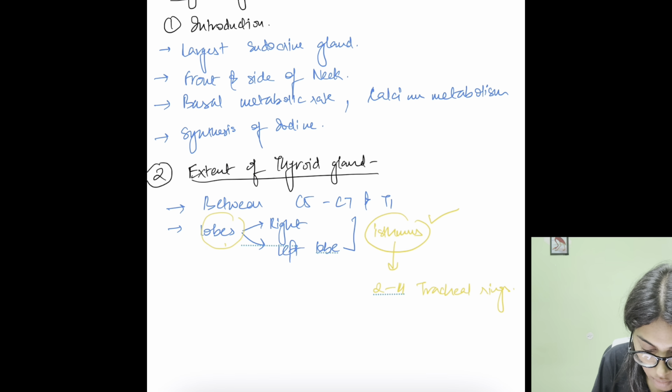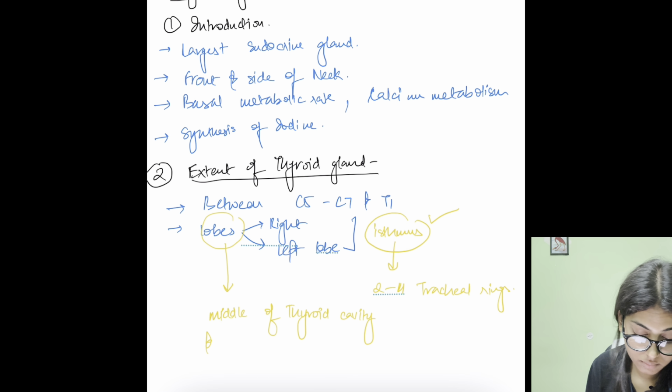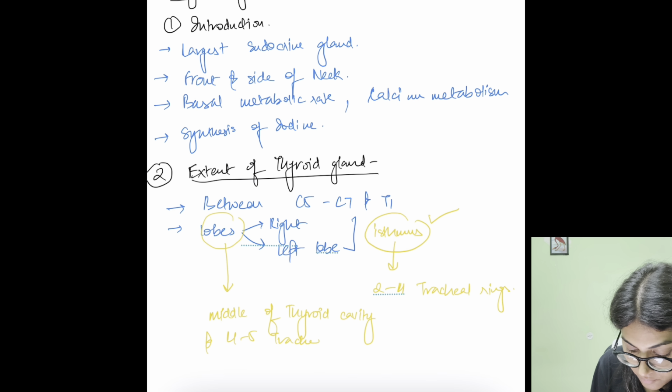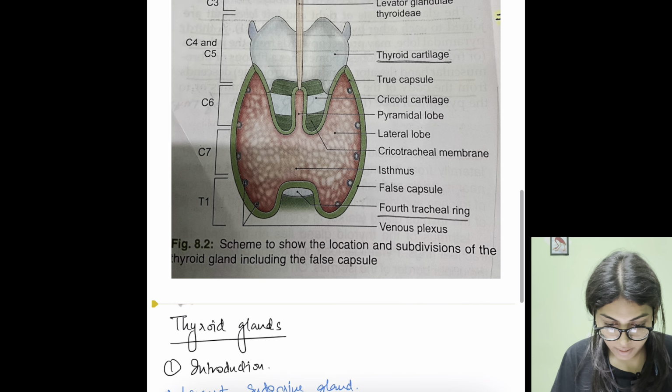And the lobes are present between the middle of the thyroid cartilage and the fourth or fifth tracheal ring. Here we can see the diagram.